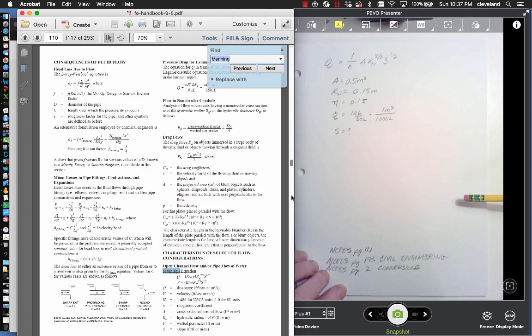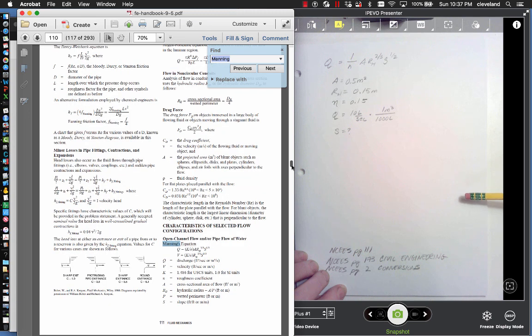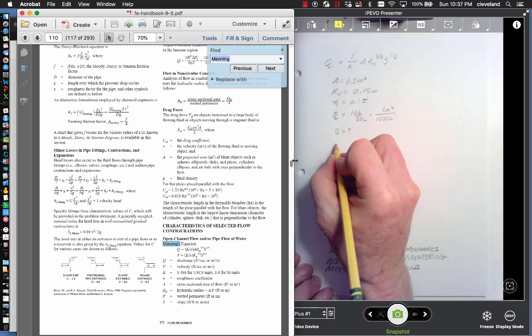I guess page 110. Nope, 111, fluid mechanics. Alright, so let's rearrange the equation.